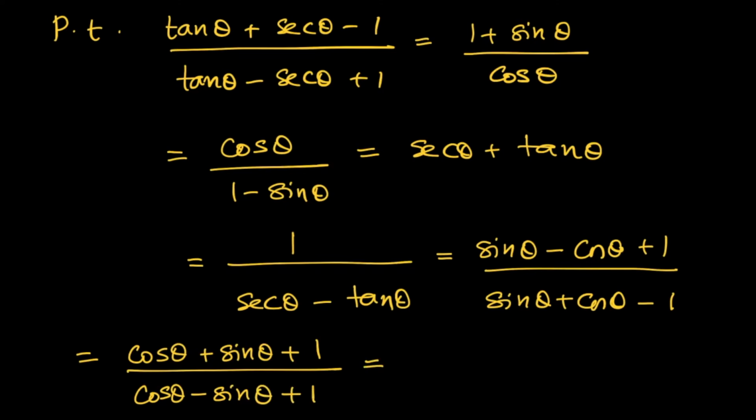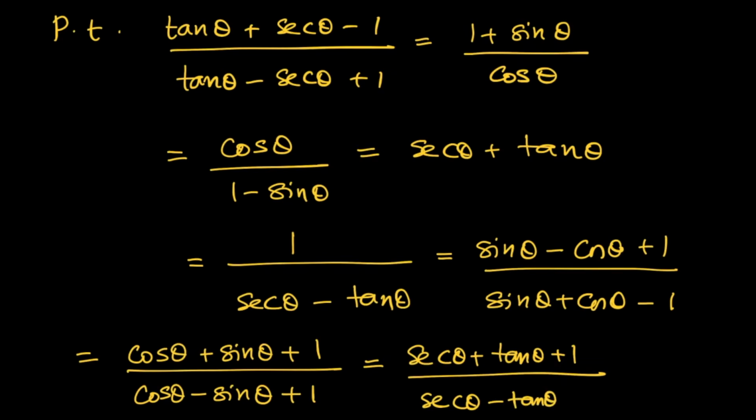This is equal to sec theta plus tan theta plus 1 by sec theta minus tan theta plus 1. This is equal to root over 1 plus sin theta by 1 minus sin theta.